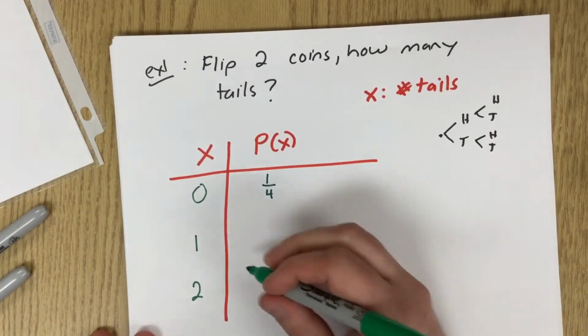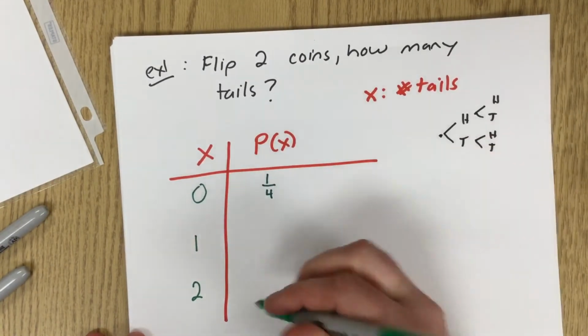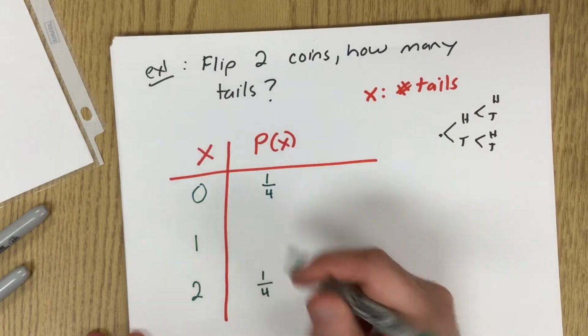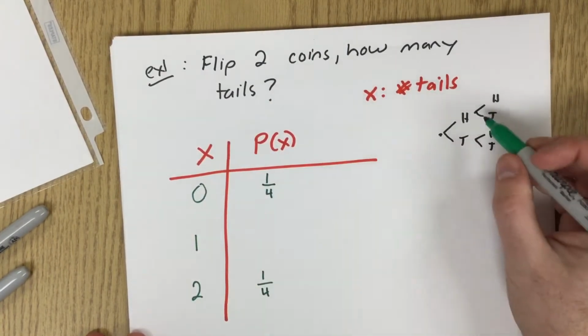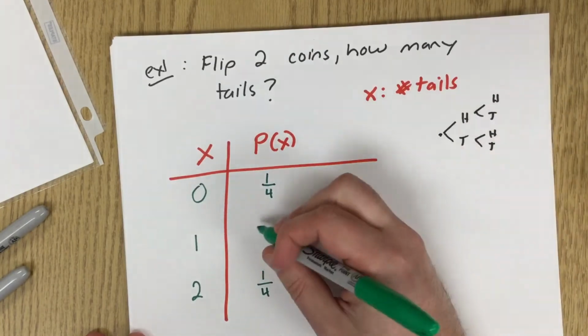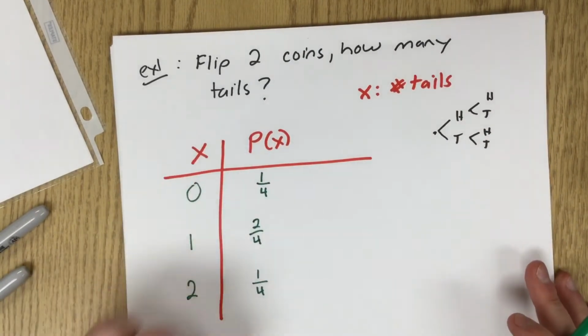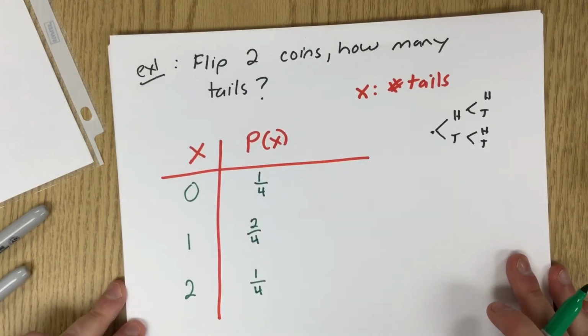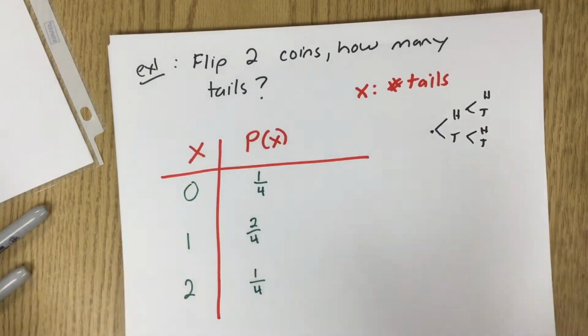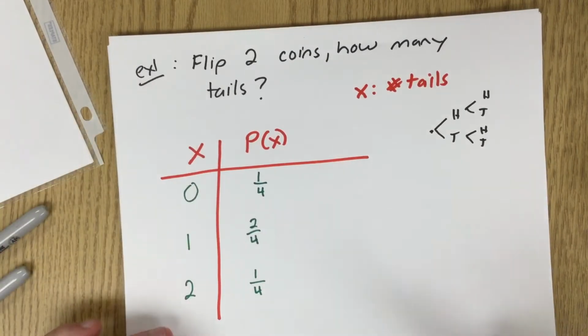The number of them that's going to be 2 tails is only that one. And the number of outcomes where there's only 1 tail is this one and this one, so 2 out of 4. And for a variety of reasons, we don't actually often reduce the probabilities when we're giving a probability distribution. And there we go. So when we flip 2 coins, how many tails? That's the probability distribution for a possible number of tails.